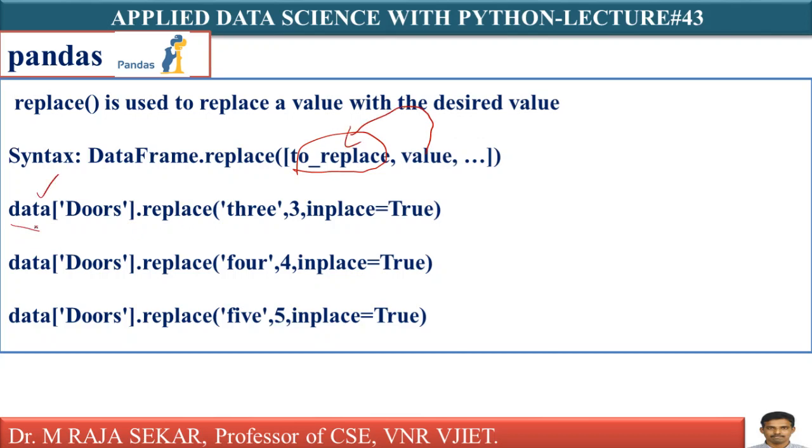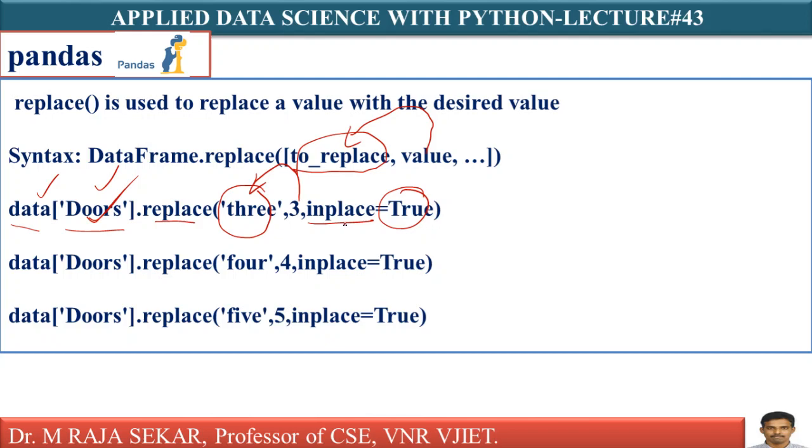Just say data is my data frame name. In that one, doors is my column name. In that column, replace: this 'three' must be replaced by digit 3. Wherever 'three' appears, that will be replaced by 3. inplace equal True means the original column of the data frame, that is doors, will get reflected. Means changes will be saved in the original data frame itself.